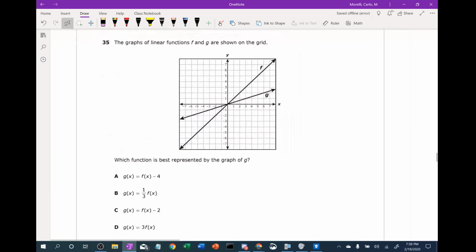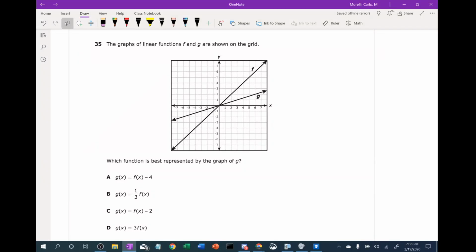Ooh, this is actually a challenging question. All right, so it says, which function is best represented by the graph of g? Now, you have to know a couple things about this. The graph of f, f of x equals x. This is super hard to know, but here's how we can figure it out.